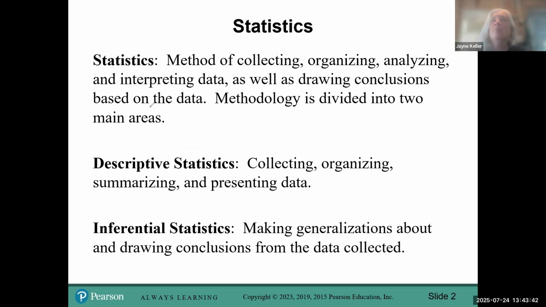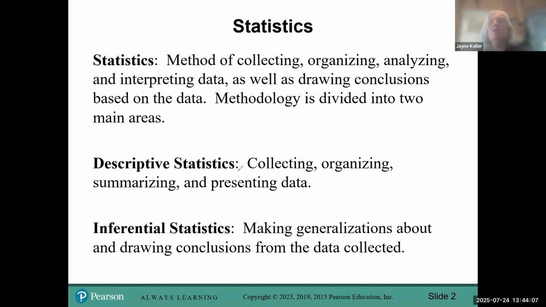And then we furthermore break it into two distinct categories. So we have descriptive statistics. That's when we collect data and we present it as a graph, or maybe we do some calculations and, like I said, present an average or some other way of describing the data. Those are all descriptive statistics.